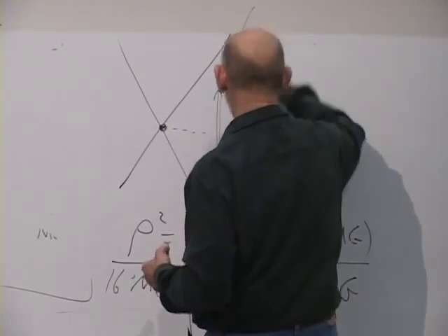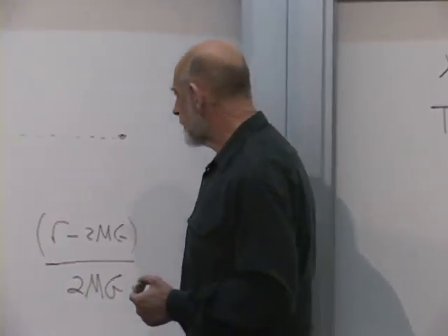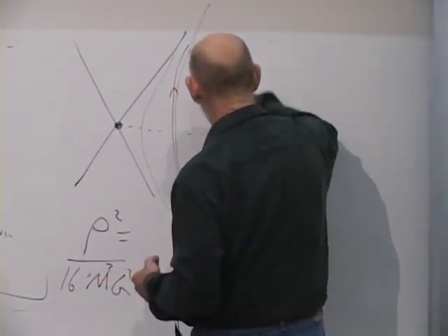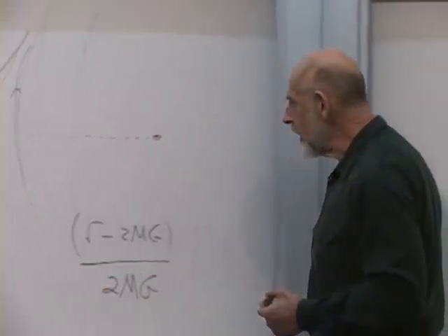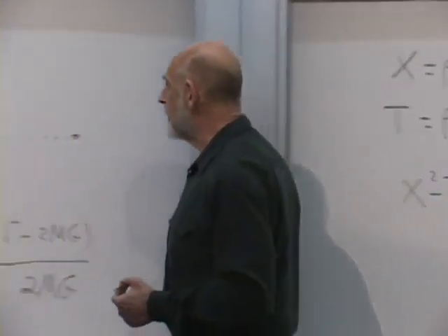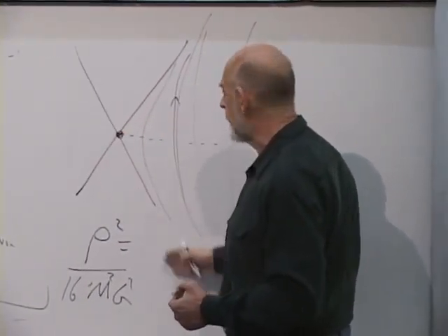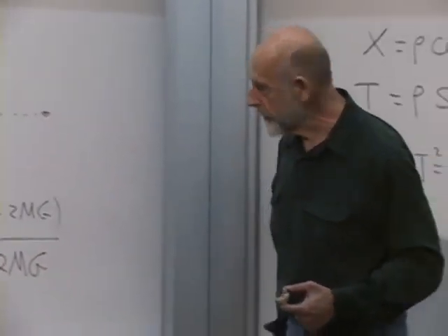Remember, the hyperbolas are lines of constant rho. Here's rho equals one value, here's rho equals another value, here's a bigger value of rho, and so forth. Outside the black hole is to the right of this pair of lines.